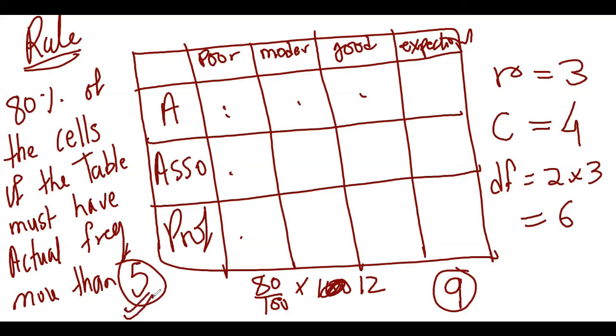This assumption should be fulfilled, otherwise we cannot apply the chi-square test. So whenever you apply the chi-square test, kindly check whether 80% of the cells have an actual frequency of more than 5. This is a very important rule to be fulfilled. And after that, now I'm moving to the demonstration.